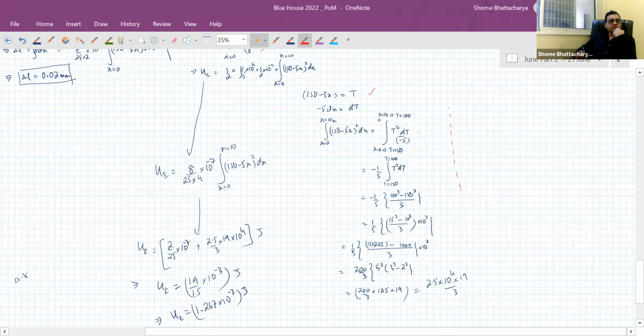And instead of x equal to 10 meters, the upper limit, the value of tension at x equal to 10 is 100. So that's how this integration converts into this, on doing the substitution fully, including the limits, and the rest is just calculation of the integration. So now this whole integration is substituted in place of this thing. It's a definite integration, so its numerical value is this now. That's how we come to this next step.